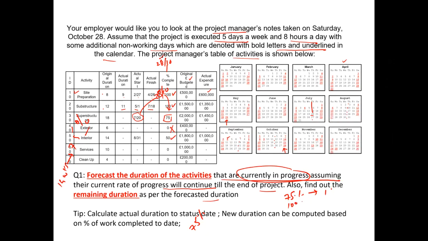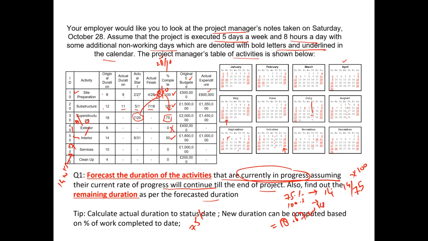So for 100% of the work to be delivered, we will just do 14 divided by 75 multiplied by 100, so it will give us a figure of 18.67 weeks to complete.